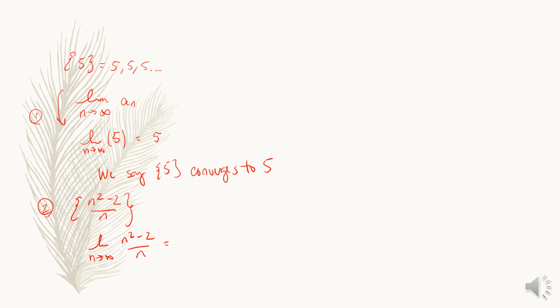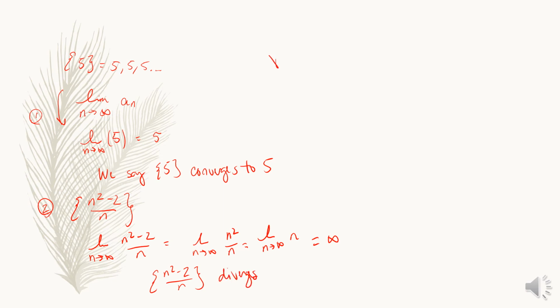And remember, you might have forgotten from Calc 1, but when you're looking at limits towards infinity, you really only have to look at the highest power terms. So my highest power terms are n squared and n, the top and the bottom. And I'll have an n that cancels, so I'm just left with n. So the limit of n as n approaches infinity is infinity, which is not a number. So what we say is that the sequence n squared minus 2 over n diverges.